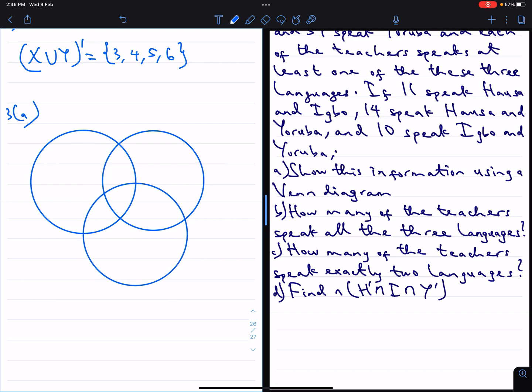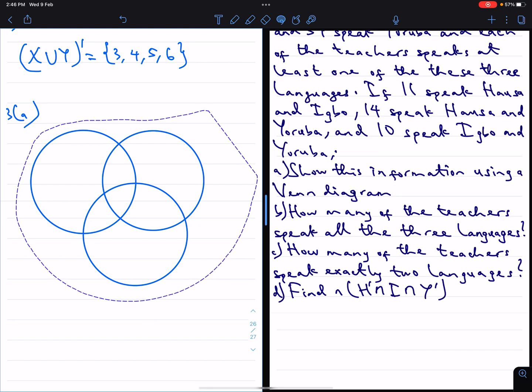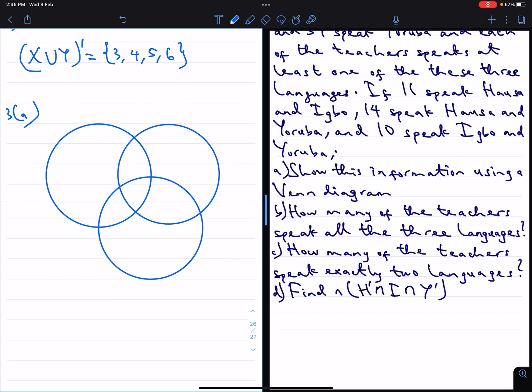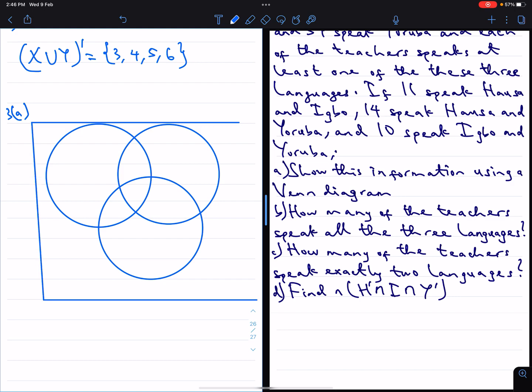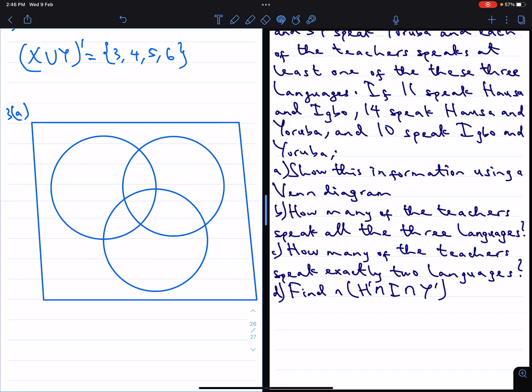Those are the sets, and this will be the universal set. Let me move the circle down a little. Yeah, that's better. So this is the set H.